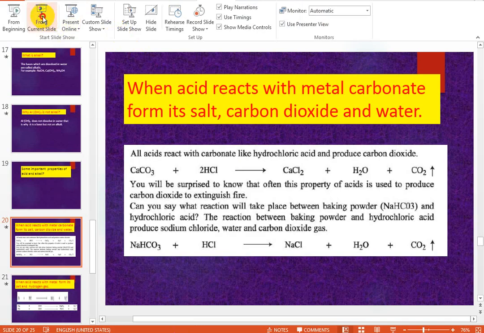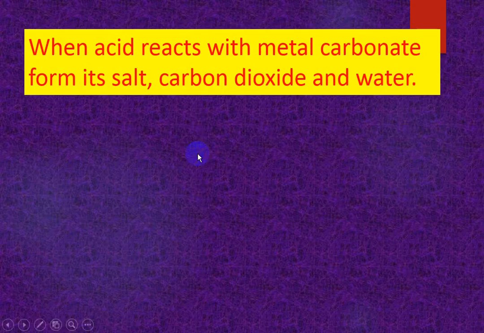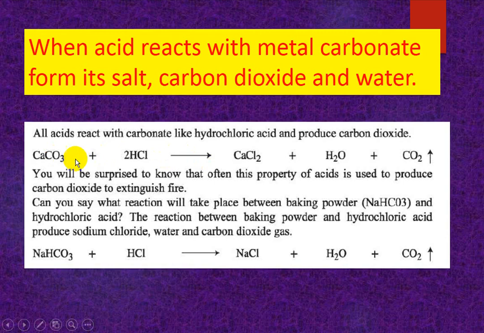Look. When acid reacts with metal carbonate, it forms salt, water and carbon dioxide. How is salt formed? From the metal carbonate, the metal's positive ions, calcium, come; from the acid, the negative ions, Cl, come.